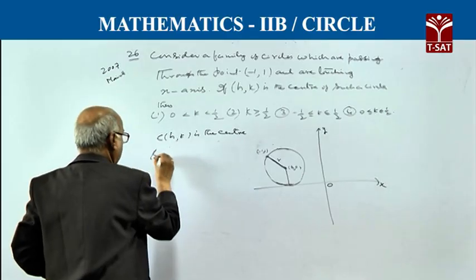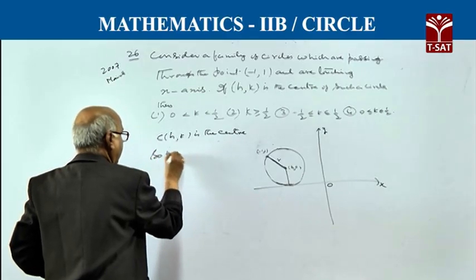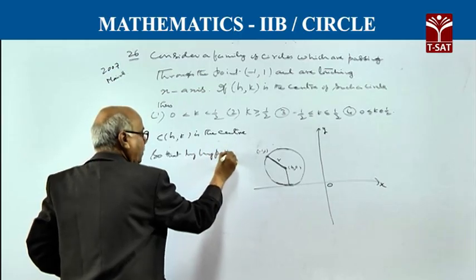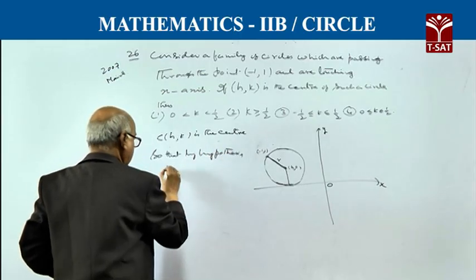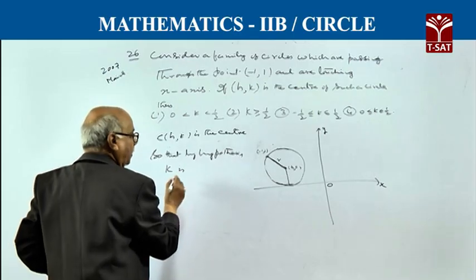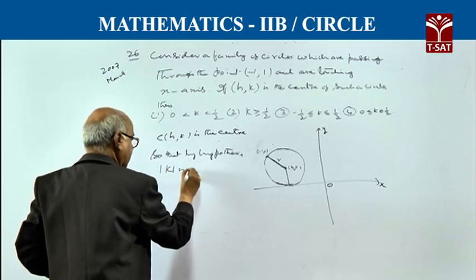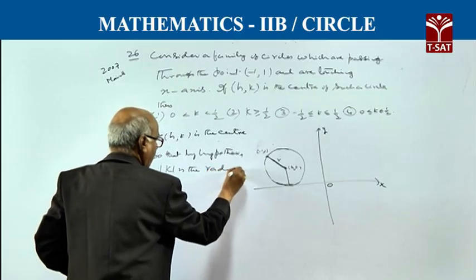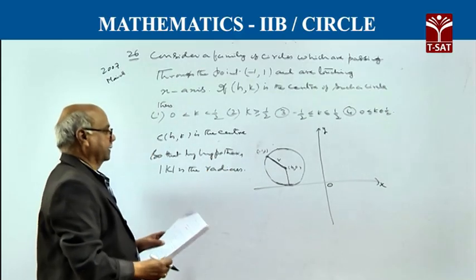so that by hypothesis mod k is the radius. Mod k is the radius itself.